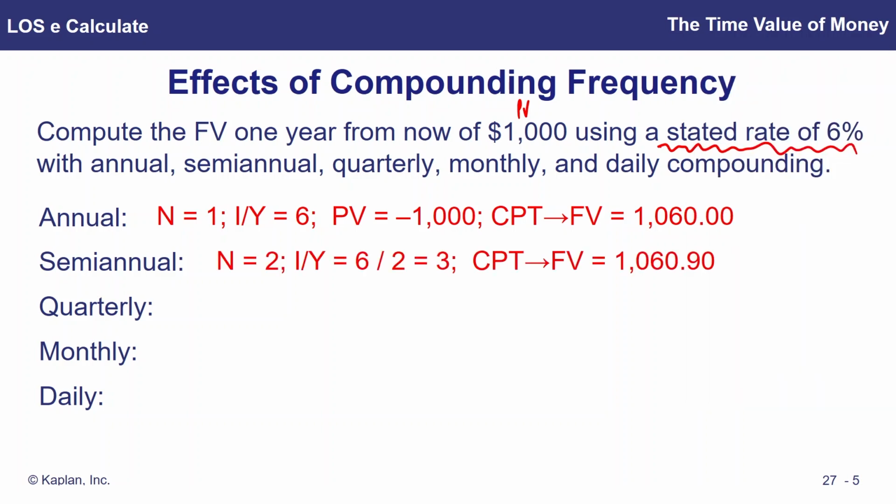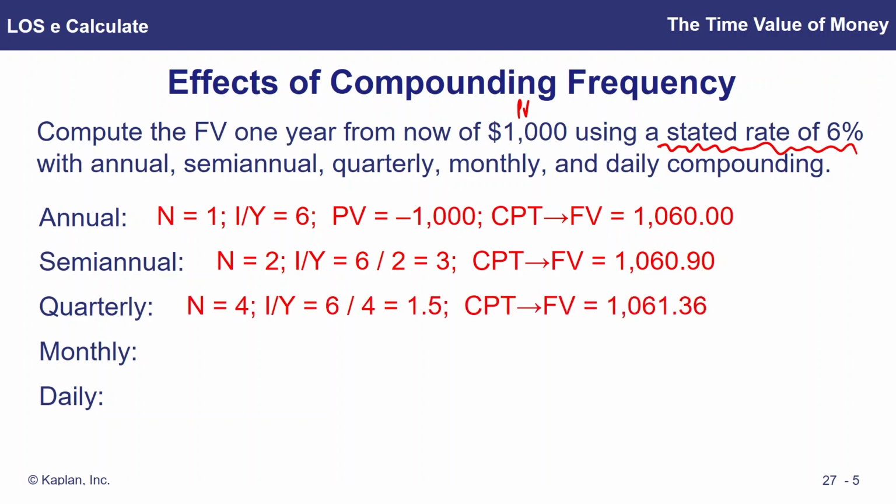Notice we're increasing n, because we're now looking at the number of periods rather than the number of years. And we're reducing IY. In the first question with annual, it was 1 period, so 6 divided by 1 is 6. With semi-annual, 2 semi-annual periods in a year, so 6 divided by 2 gives us a 3% semi-annual rate.